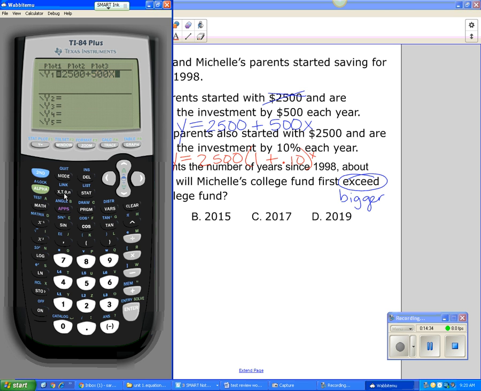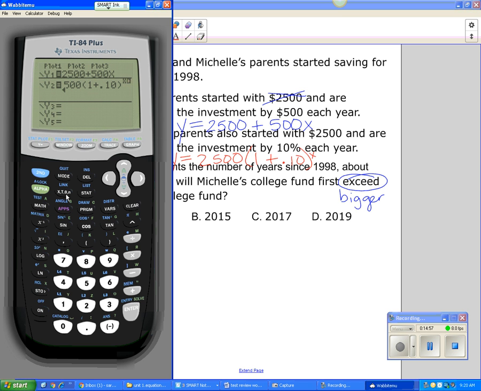You're going to type that on the top line. Then you're going to go down to y2 and type in 2500 parentheses 1 plus 0.10 to the x.